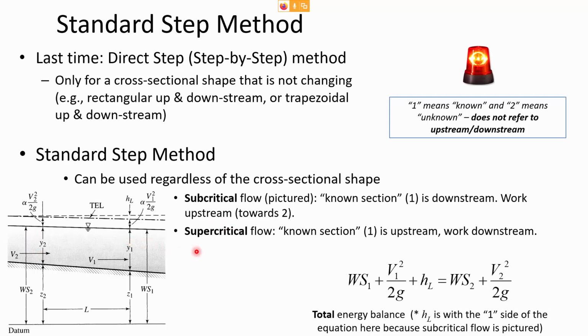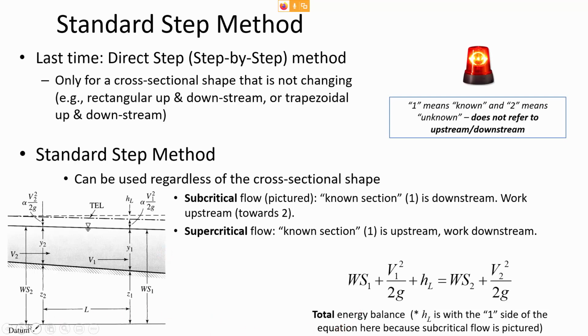So if you check the Froude number, or if you compare the critical depth to the normal depth, either one of those can diagnose the flow regime. But if you diagnose the flow regime and find conditions are supercritical, then location 1 is upstream, location 2 is downstream. All right. So with that warning, keep it in mind, we're going to apply a total energy balance.